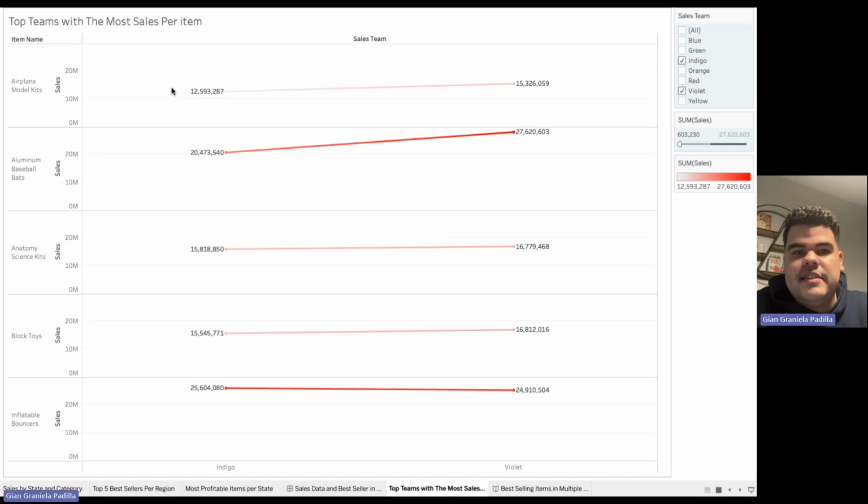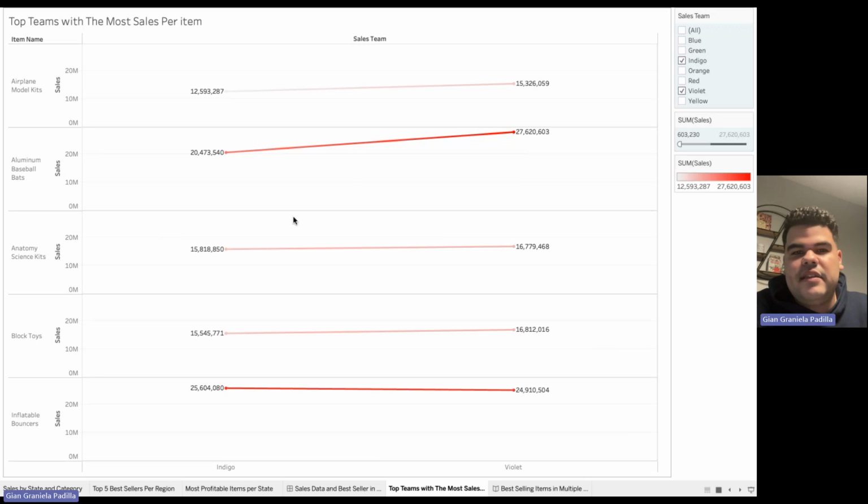In this data, I'm showing how much they did in sales, and I compared the two best teams. If you click on this, you can see on the left the item name, and then the sales.